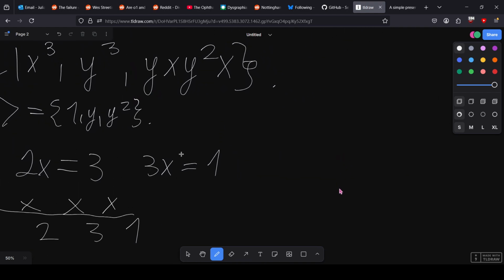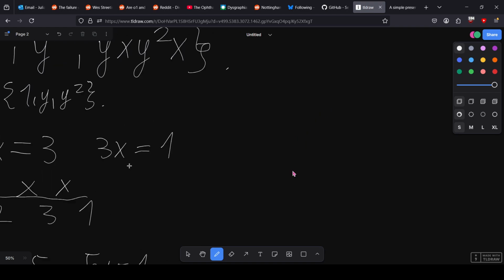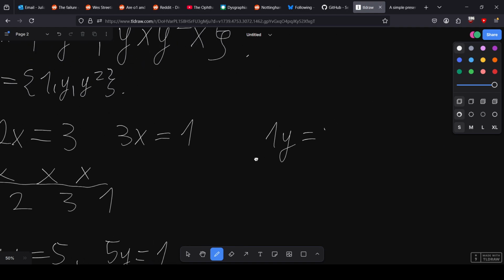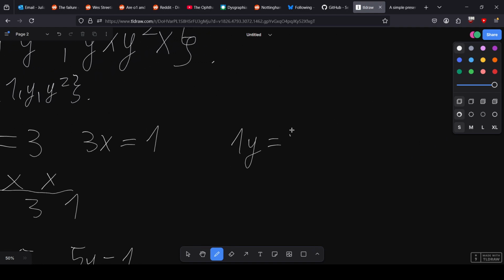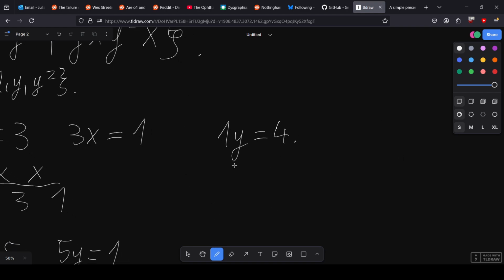Lastly, we have the last bit that is a bit more complicated. 1y has to be equal to 4, as earlier. Continuing, we don't know 4x.